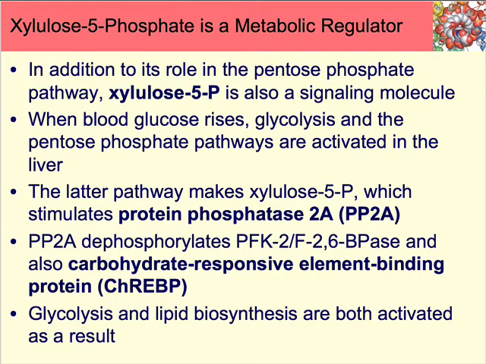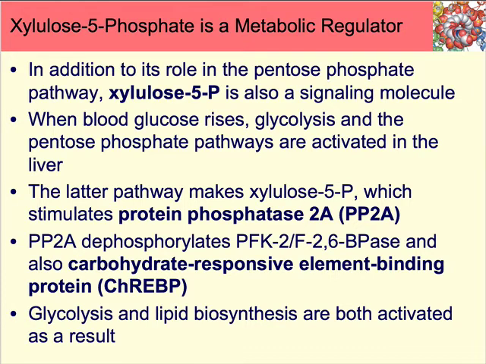And now we'll look at ribulose 5-phosphate, which has recently been shown to be a metabolic regulator. In addition to its role in the pentose phosphate pathway, ribulose 5-phosphate is also a signaling molecule. When blood glucose levels rise, glycolysis and the pentose phosphate pathways are activated in the liver, and the latter pathway makes ribulose 5-phosphate, as we've seen. And this turns out to stimulate protein phosphatase 2A, also known as PP2A.